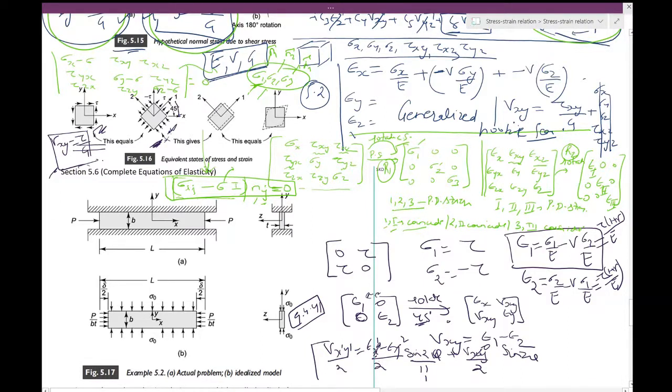So hence you have gamma xy is equal to epsilon 1 minus epsilon 2. Okay, so that is equation B in your textbook, and this gives you a value which is equal to 2 times 1 plus nu by E into tau.